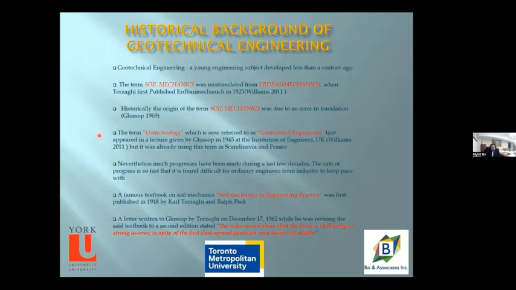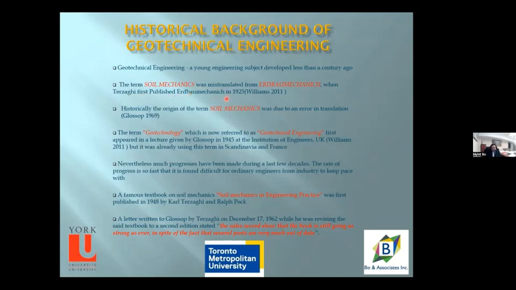If we look at the historical background of geotechnical engineering, it is a young engineering subject developed less than a century ago. The term soil mechanics, the basic subject of geotechnical engineering, was actually mistranslated from Erdbaumechanik when the grandfather of geotechnical engineering, Terzaghi, first published Erdbaumechanik in 1925.